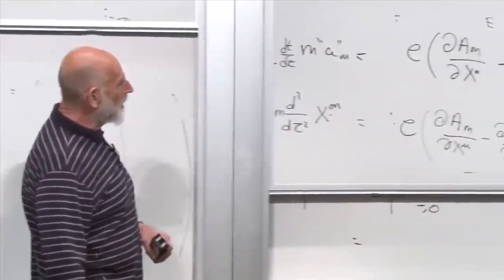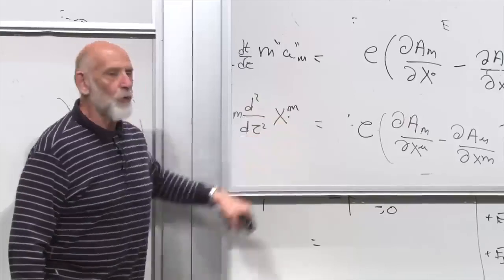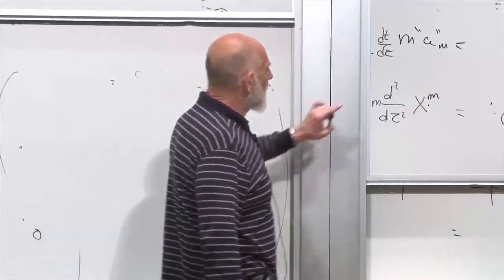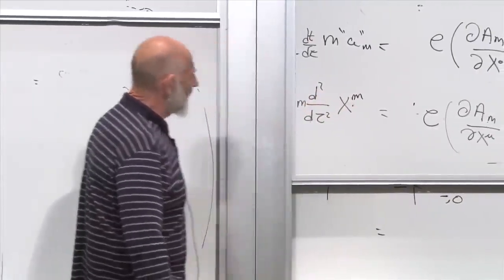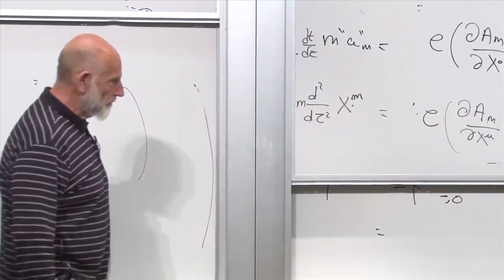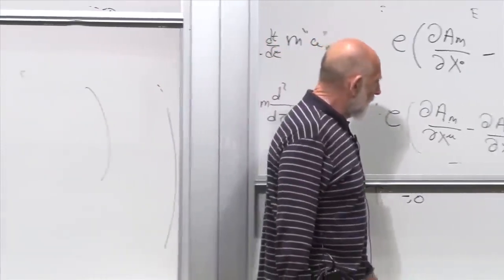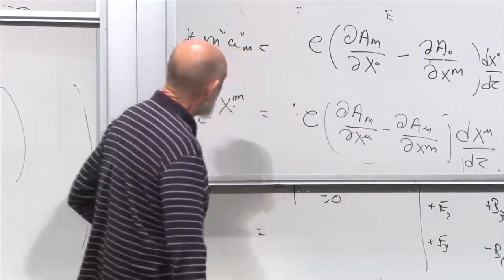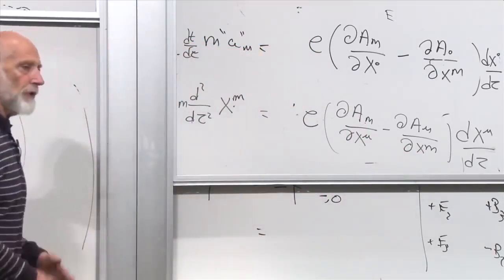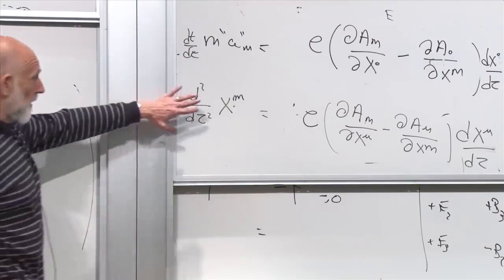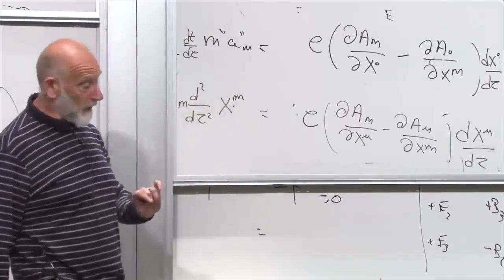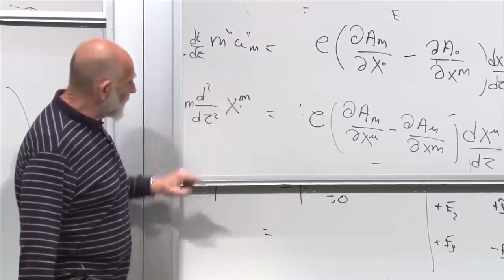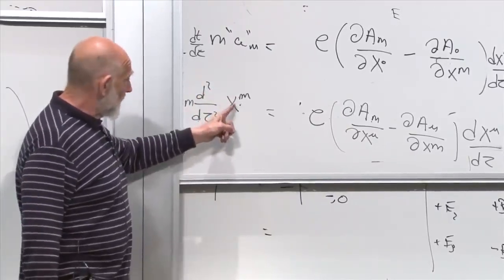Wouldn't it be nice if I could change this m to a mu? This is 3 equations for the space components of the proper acceleration, 1 for each m, 1, 2, and 3. Wouldn't it be nice if there was a 4th equation, which was just the time component of this?